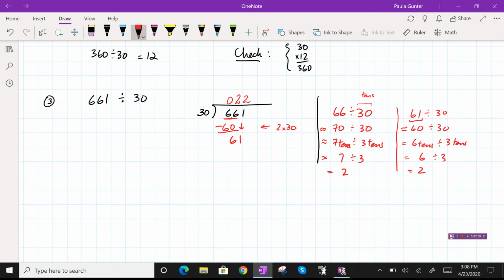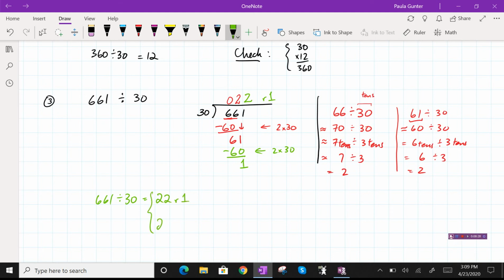So again, we have 2. Now we are multiplying 2 times 30, which we did before, and we got 60, and with a remainder of 1. So 661 divided by 30, we're saying our answer is 22, remainder 1.